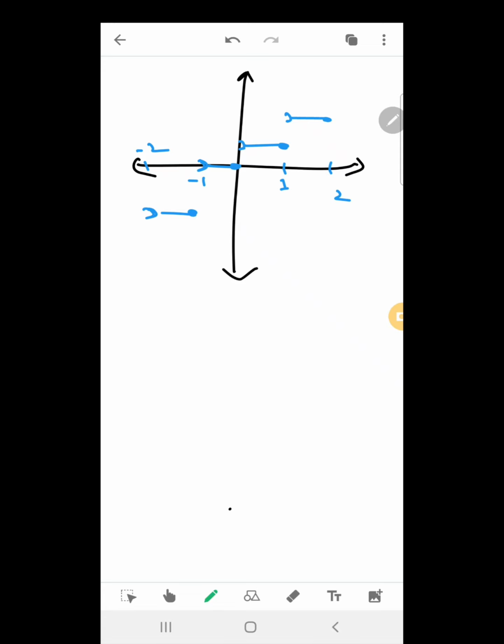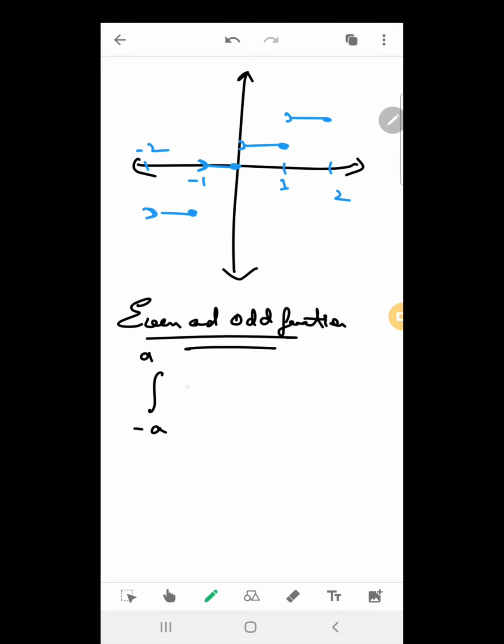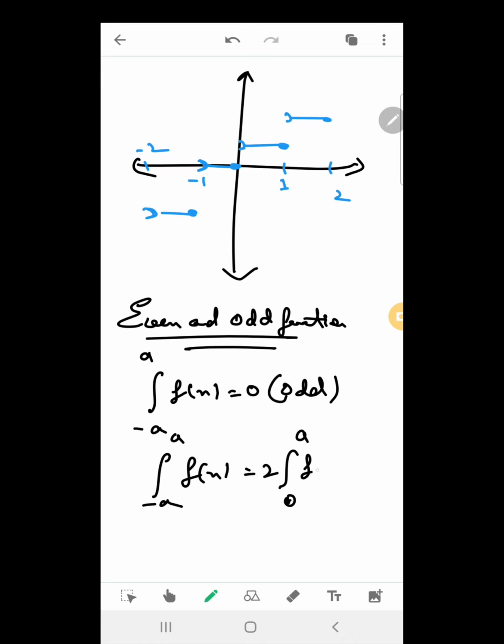Then you have the even and odd functions, right? Those are also very important. Symmetrical integrations of odd functions are 0. And symmetrical integrations of an even function is 2 times the integration from 0 to a of f(x) dx. Clear? Always remember these things, they are quite important.